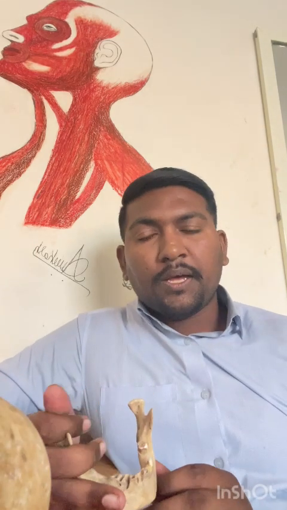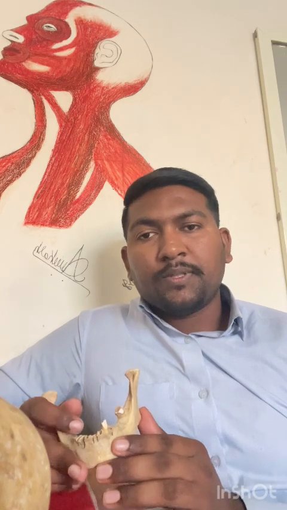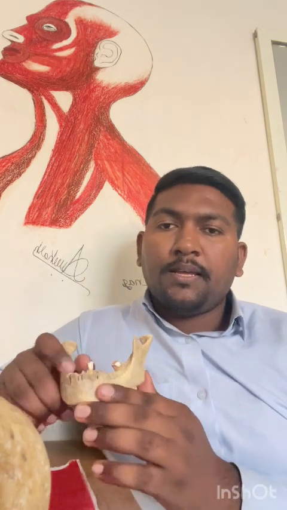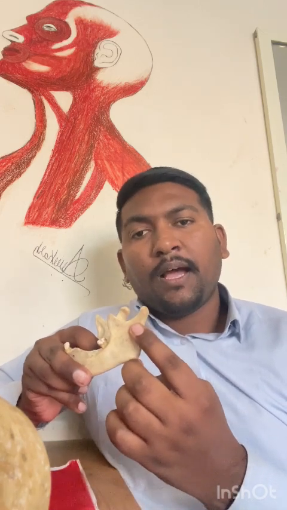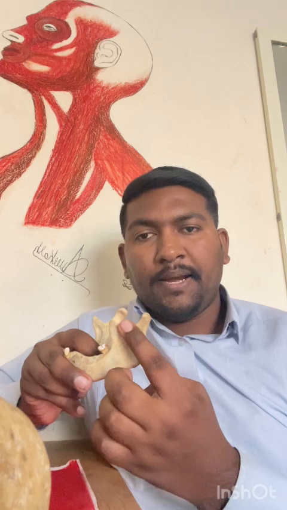The fibers of the deeper portion run forward and downward and are inserted into the upper half of the lateral surface of the ramus of the mandible, and also to the lateral surface of the coronoid process of the mandible.